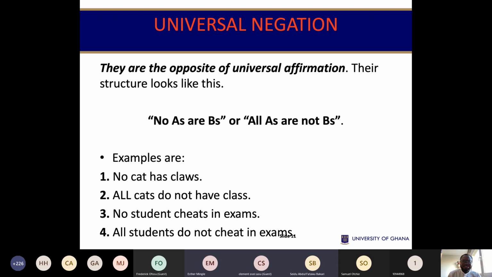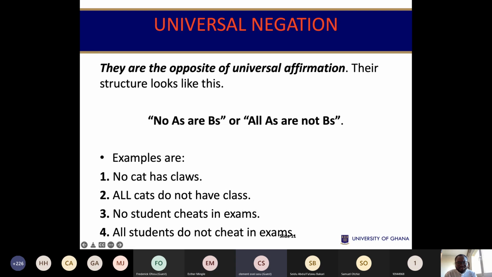And how do we deny something? You can deny something by putting all of them together and adding a word like no. The opposite of universal affirmation is universal negation.